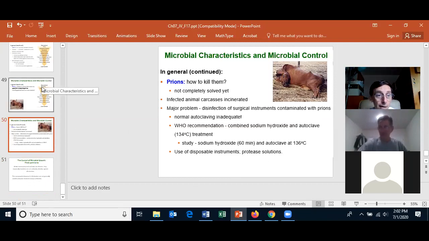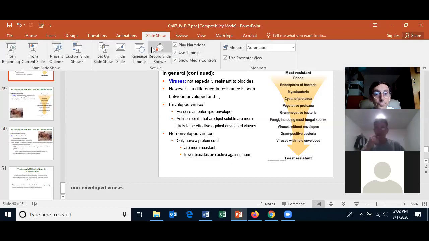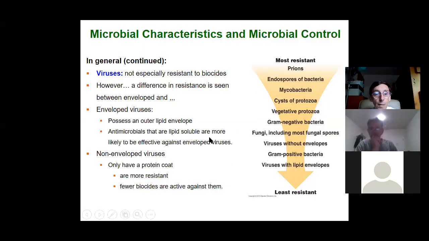All right, let me go back to this slide here. Viruses. They're not especially resistant to biocides. A lot of biocides work on viruses, but there is a difference in the resistance seen between enveloped viruses and non-enveloped viruses.